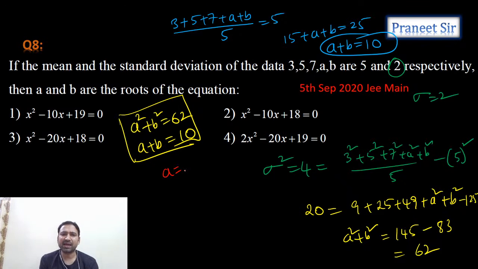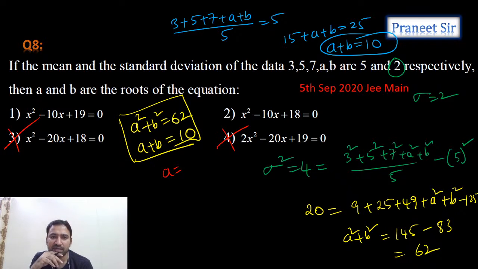Exactly. So instead of calculating the a value and b value, better what you can do is check the roots. Yes, exactly, that we can do. So sum of the roots is 10, guys. Sum of the roots 10 means the fourth option is gone and the third option is gone.